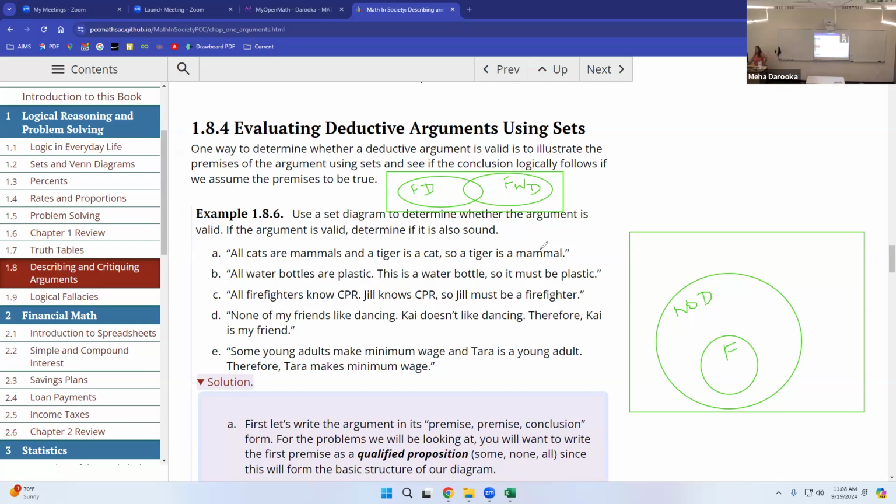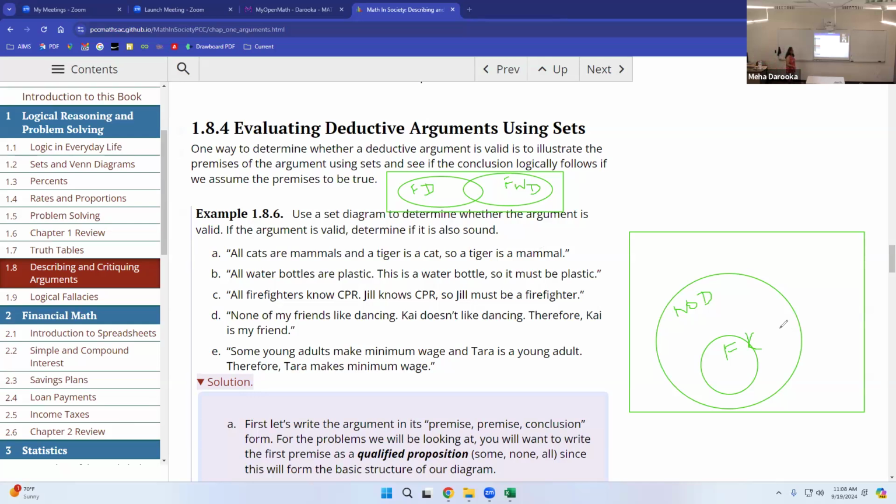Yeah, because again, we don't know. They're not saying Kai is this person's friend. They're just saying because Kai does not like dancing, there's a good chance Kai can be my friend. But there's really no premise that is telling us if Kai is their friend or not.